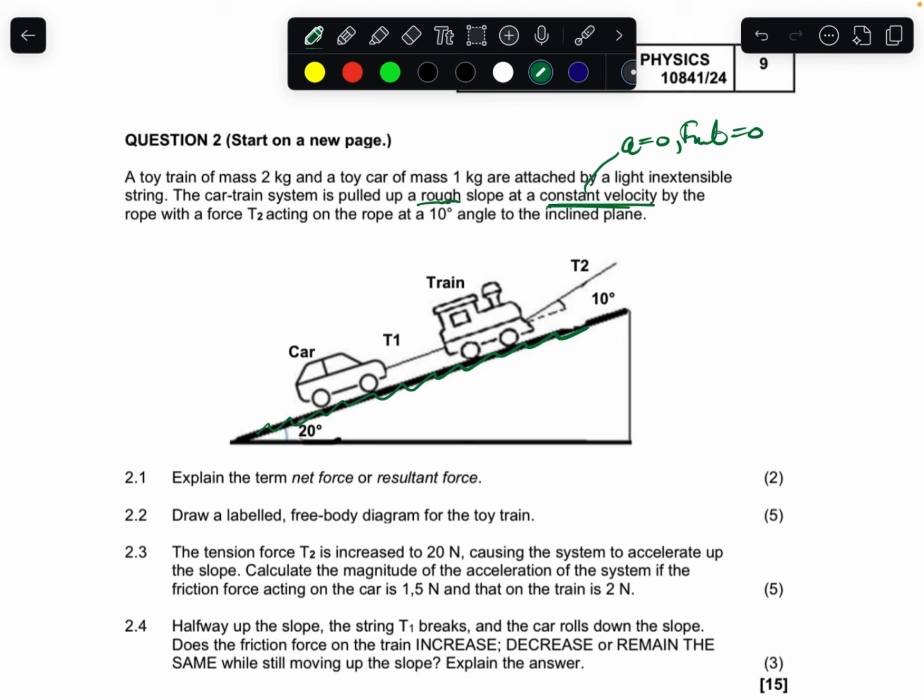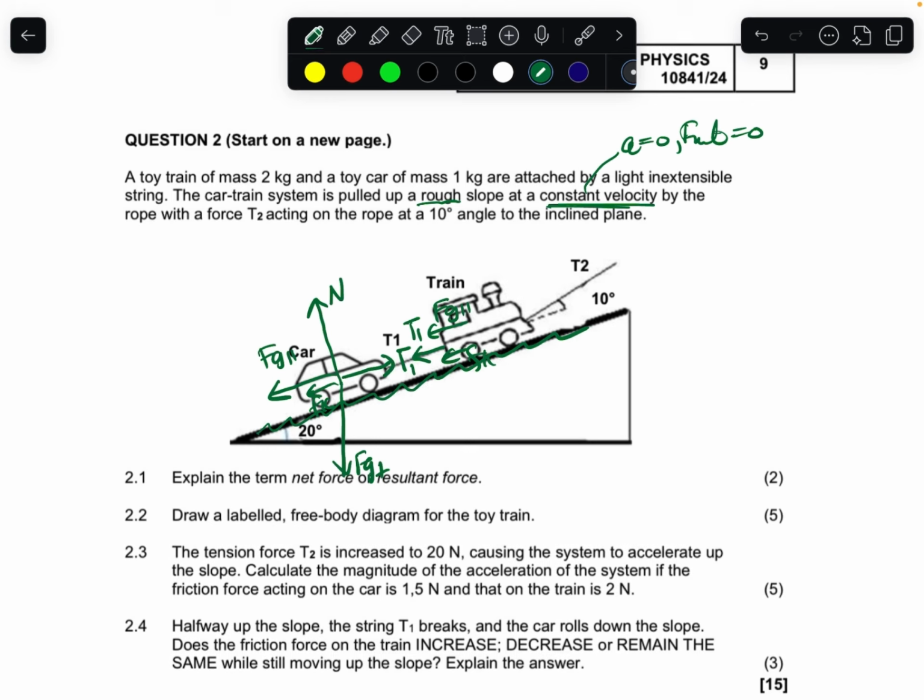Another thing before we go to the questions, let us label the forces that are acting on each object. There we have a normal force, we have a gravitational force, we have a tension force, which is T1, we have an Fg parallel, and we have a friction force, which is Fk. And there in the train, we have T1, we have Fg parallel, and we have Fk.